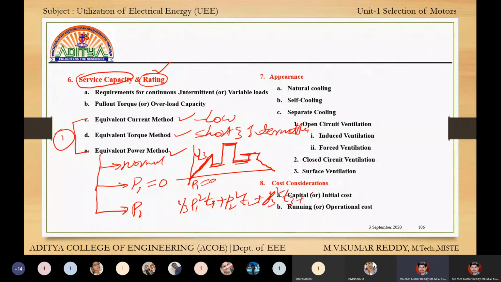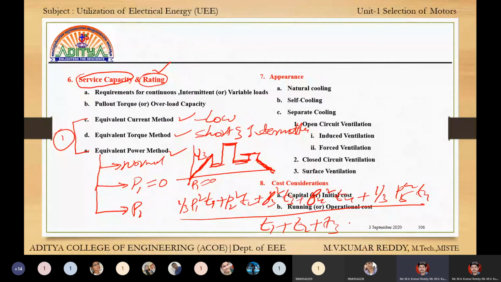Next one also normal, P4 squared T4, plus next one is abnormal. That is a slope, hence 1 by 3 P5 squared T5. This is a negative, hence you have to put a negative value, divided by T1 plus T2 plus T3 up to T5, and a square root.